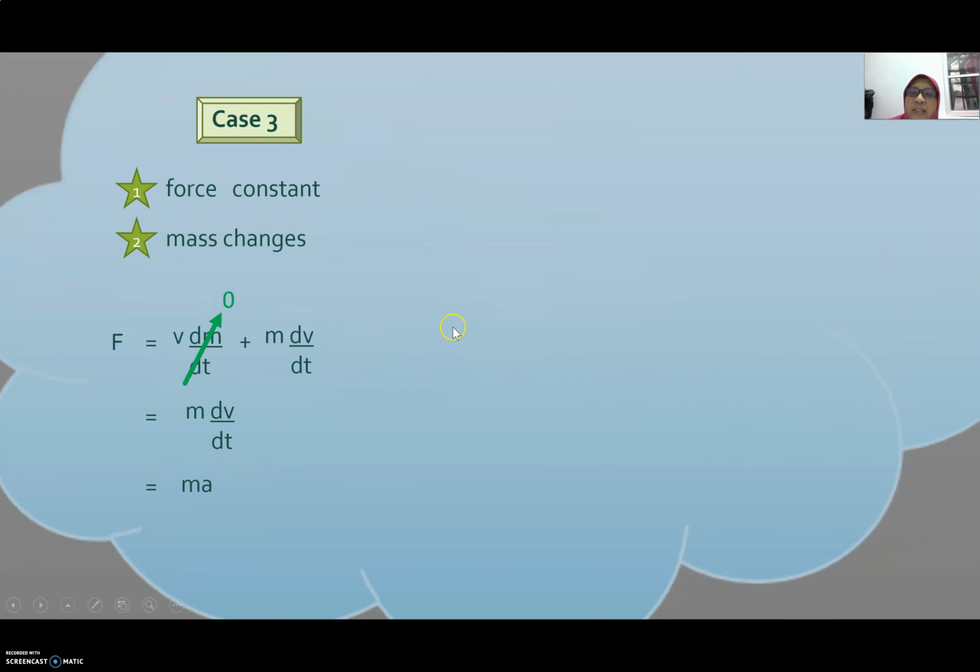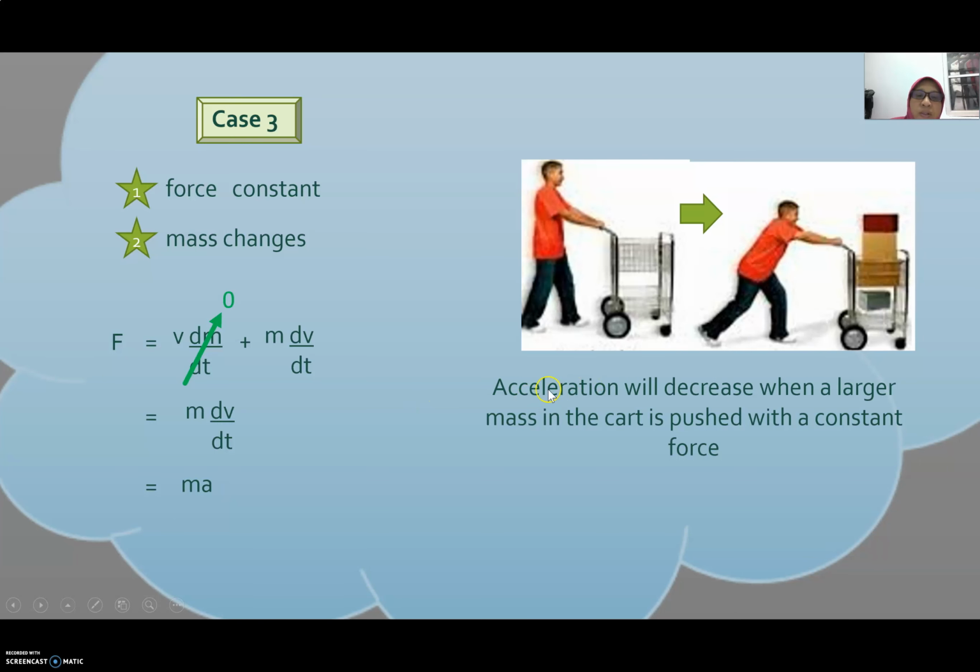Next, the third case is where the force is constant and mass changes. So force here is constant, mass and acceleration change. How do they change? Acceleration will decrease when a larger mass in the cart is pushed with a constant force.